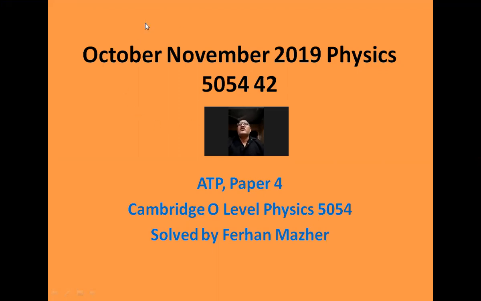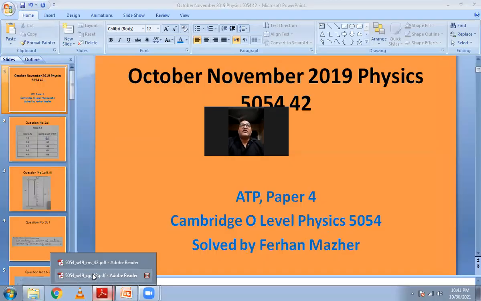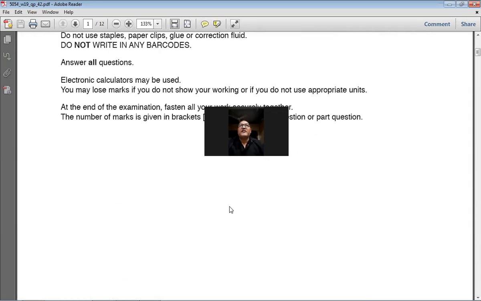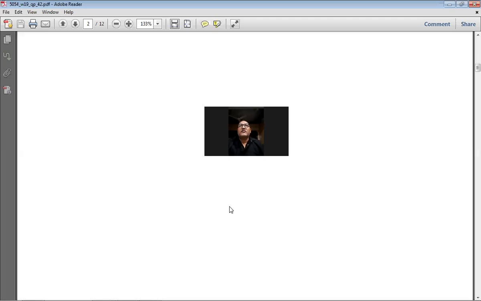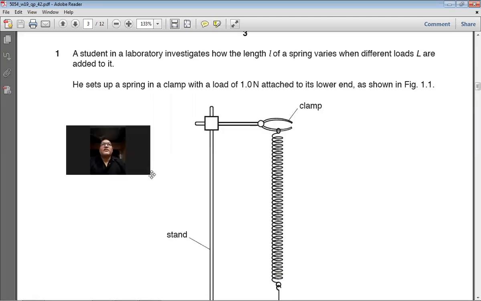So on your screen, let's start. So here comes the paper. October-November 2019, 4-2 paper.